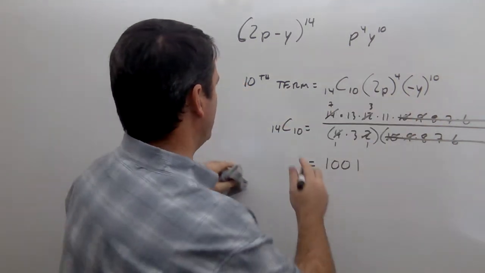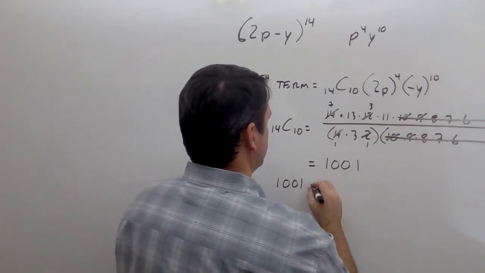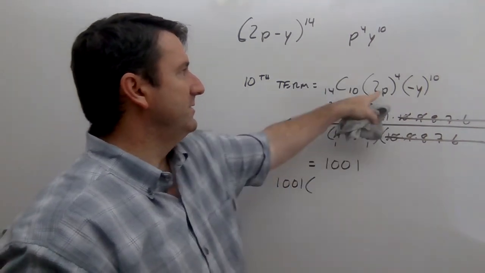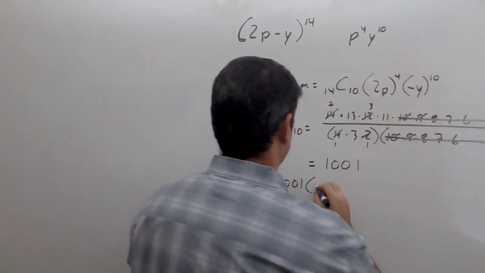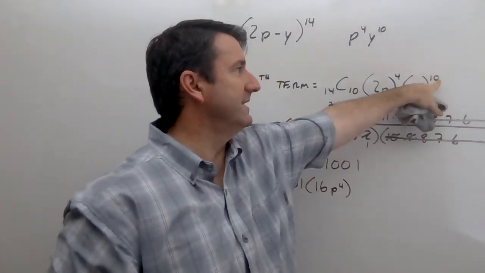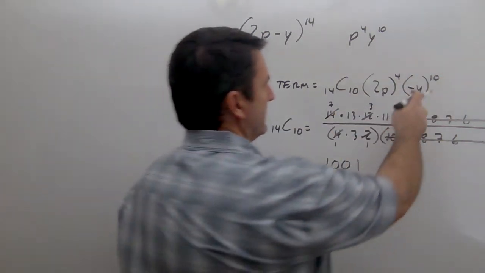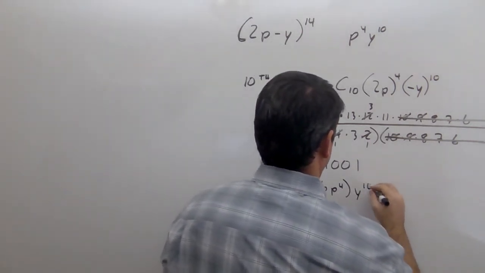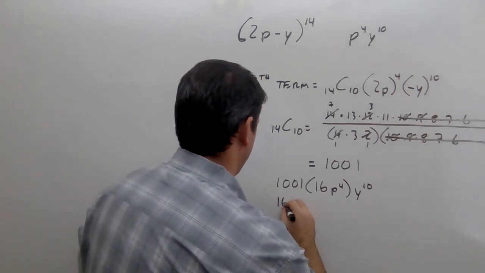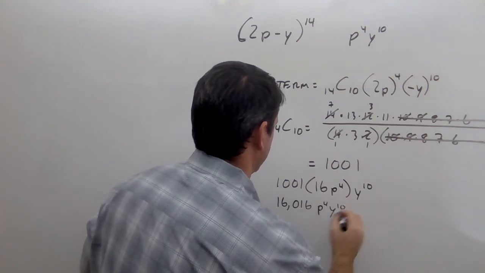And then we're going to multiply that by, so we get 1,001 times 2p to the 4th. 2 to the 4th is 16, so this is 16p to the 4th. And then negative 1 to the 10th power. Well, a negative number to an even power just becomes a positive. So this is going to be positive y to the 10th. All right, and then 16 times 1,001 is 16,016 p to the 4th y to the 10th.